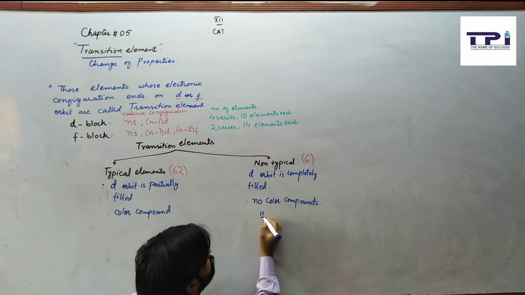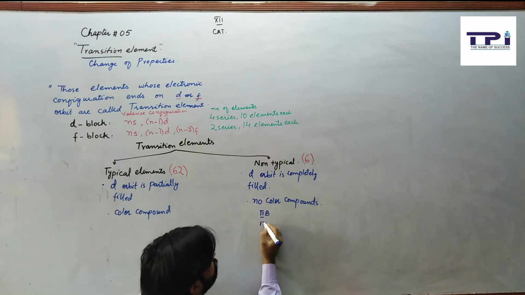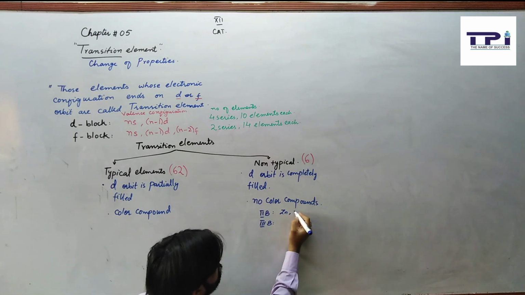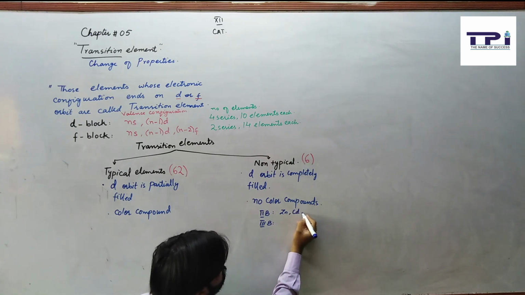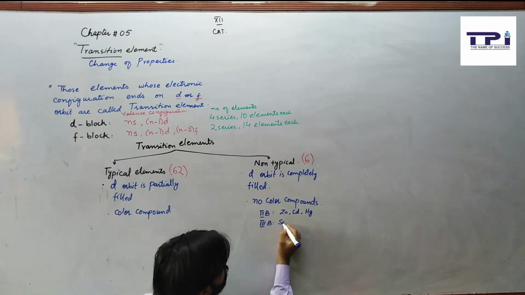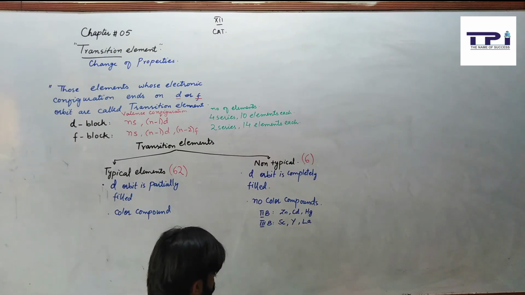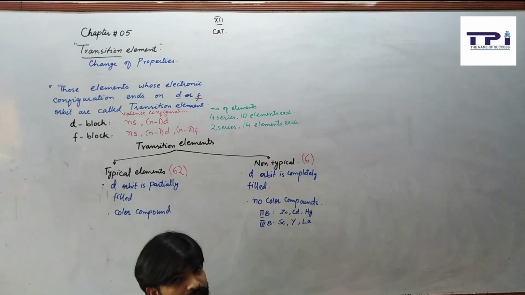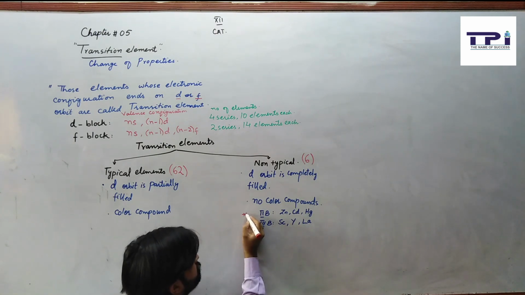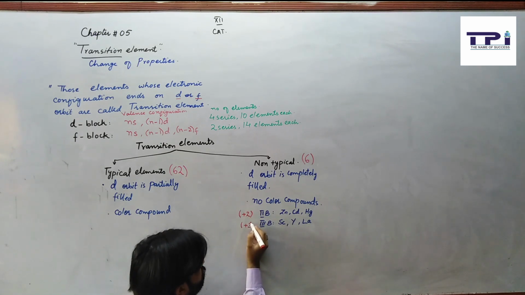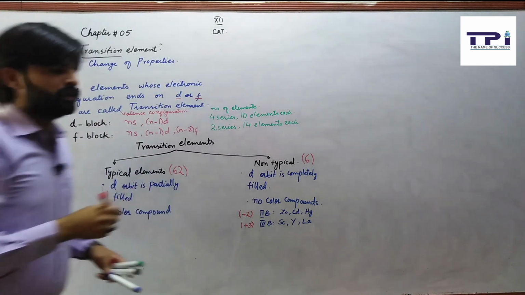One of them is 2b and second one 3b. 2b includes zinc, cadmium and mercury, while 3b scandium, yttrium and lanthanum. The oxidation state for 2b is +2 and the oxidation state for 3b is +3.